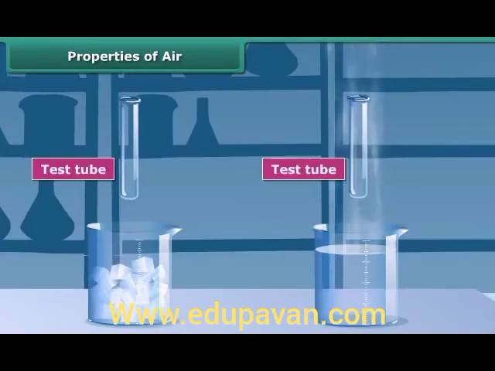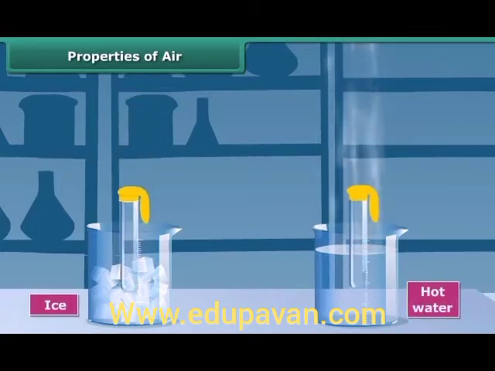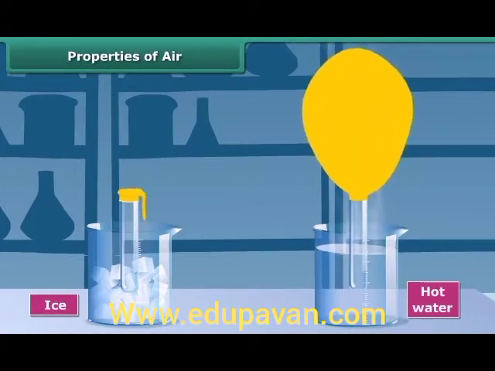Now take two empty test tubes and place a balloon over the mouth of each. Put one test tube in a pan of hot water and the other one in a pan with ice. Observe carefully. The balloon on the test tube in hot water begins to inflate.